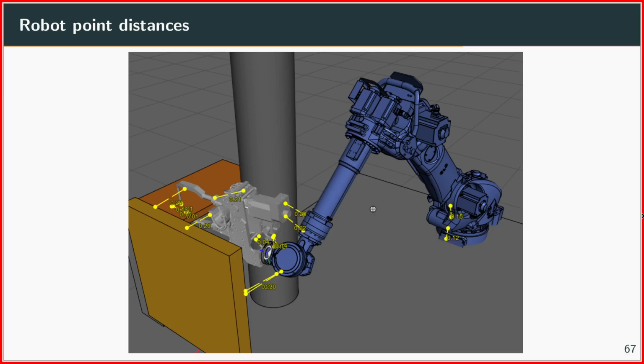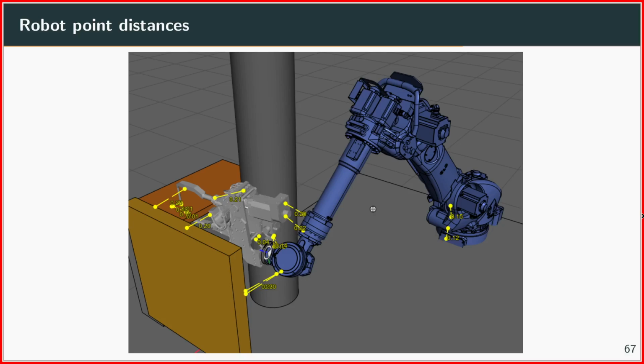So let me show you a small example. The cost at a specific configuration would be just the sum over all the clearances. One way of how you would do that in practice is that for each link on your robot, you would compute the minimal distance to the environment.